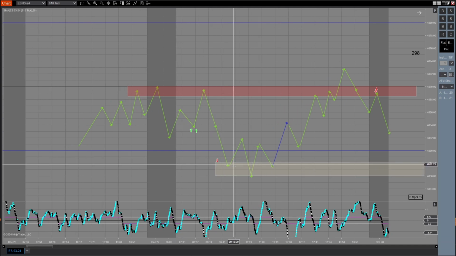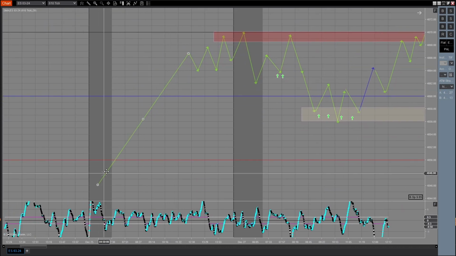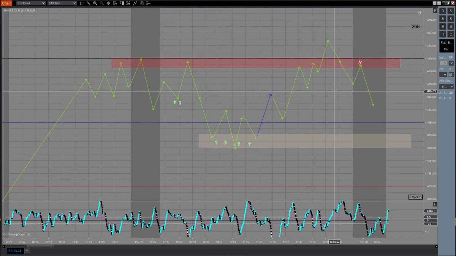It's not really established as support, but rather a place where people decided, hey, this is a good enough price for us to start buying again, if the market was trending up, obviously, okay? So there's another behavior there.